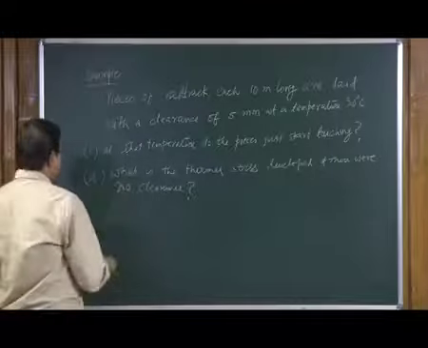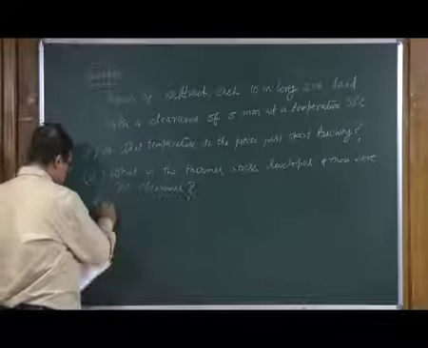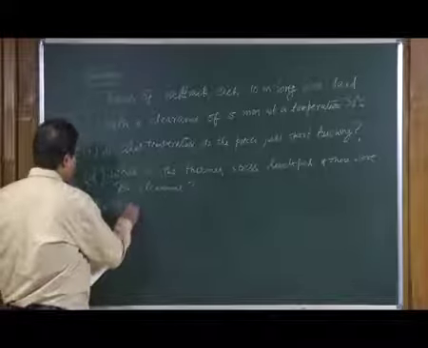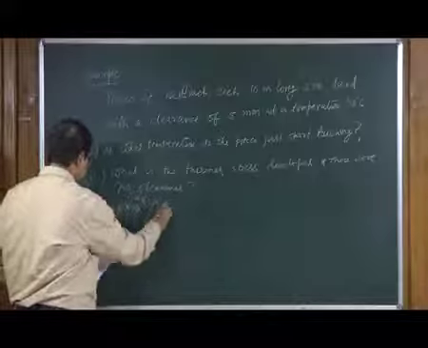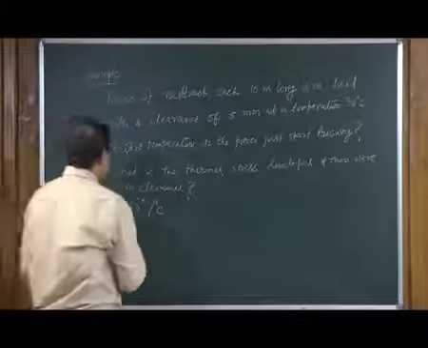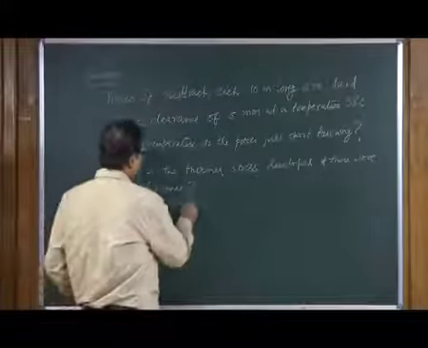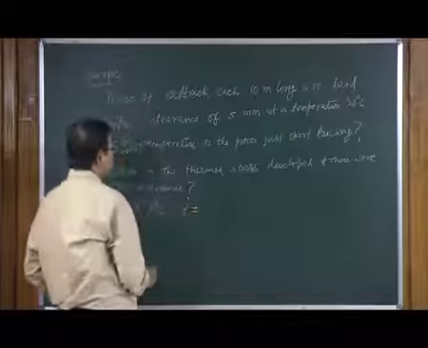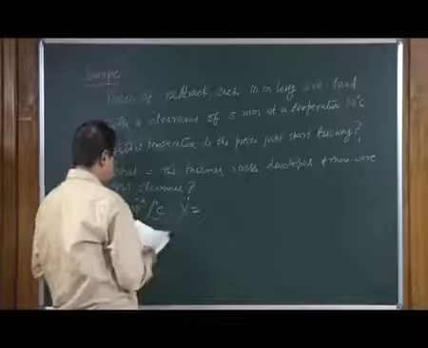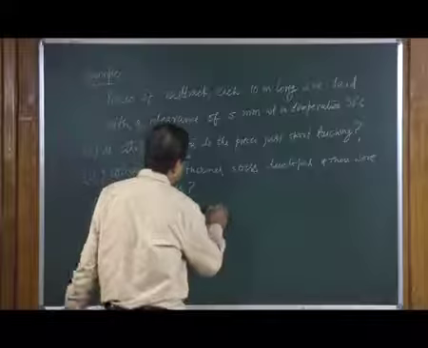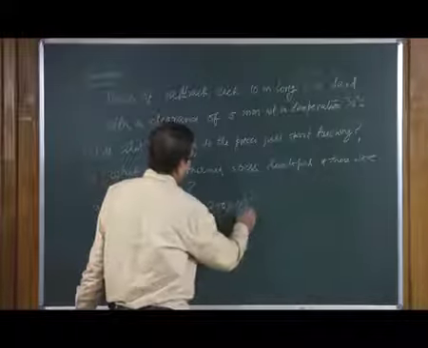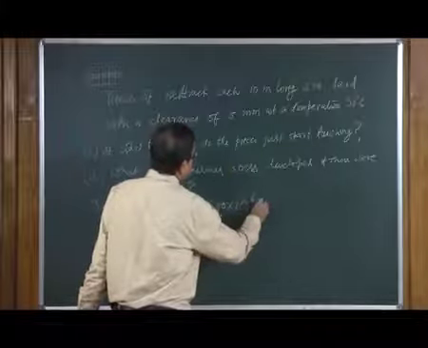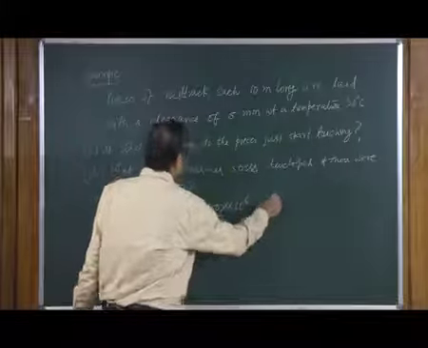It is given that alpha is equal to 18 into 10 to the power minus 6 per degree centigrade, and the Young's modulus of the rail tracks, that is the material forming the rail tracks, is 200 into 10 to the power 6 Newton per meter square.